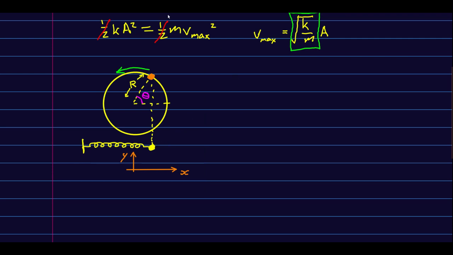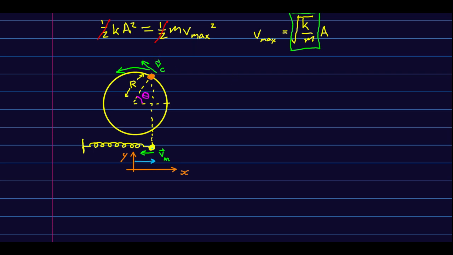What that means is that at any time, the position, or rather the x component of the position of the mass on the spring, is equal to the x component of the position of this thing going around in the circle. But that also means that the x component of the velocity of the mass on the spring, which I'm going to call v_m for v mass, is equal to the x component of the velocity of the thing undergoing circular motion, which I'll call v_c.